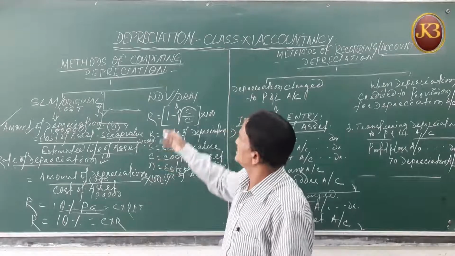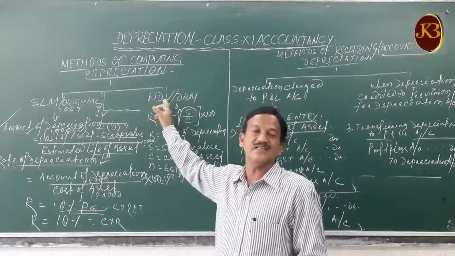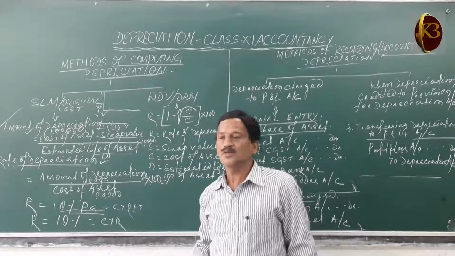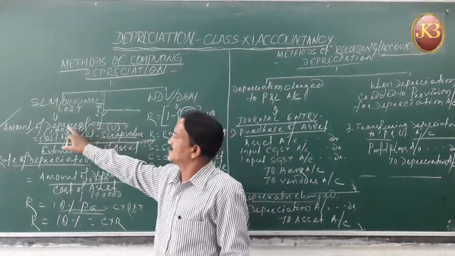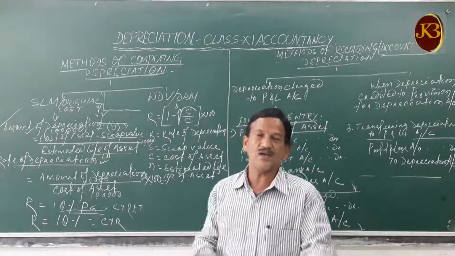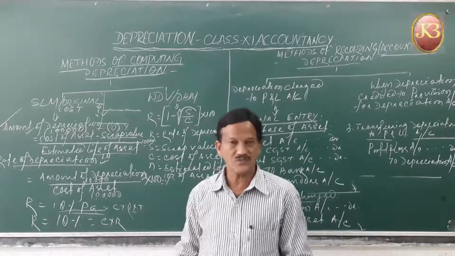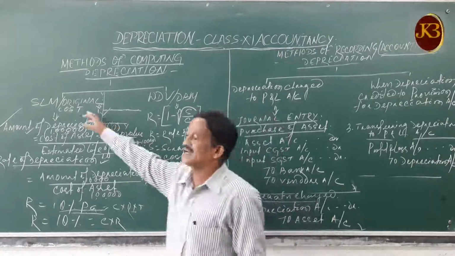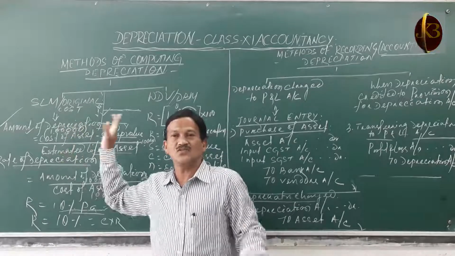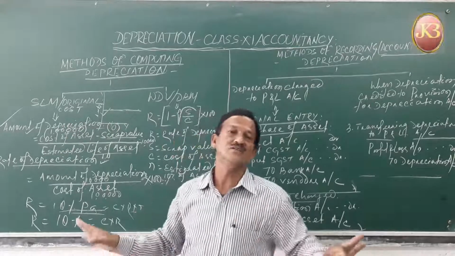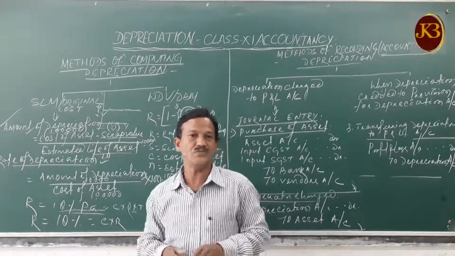And it is called written down value method because depreciation is subtracted from the cost of the asset, and the balance remains. Upon that, you calculate the amount of depreciation. But in the straight line method, the original cost is taken into account for calculating the amount of depreciation.